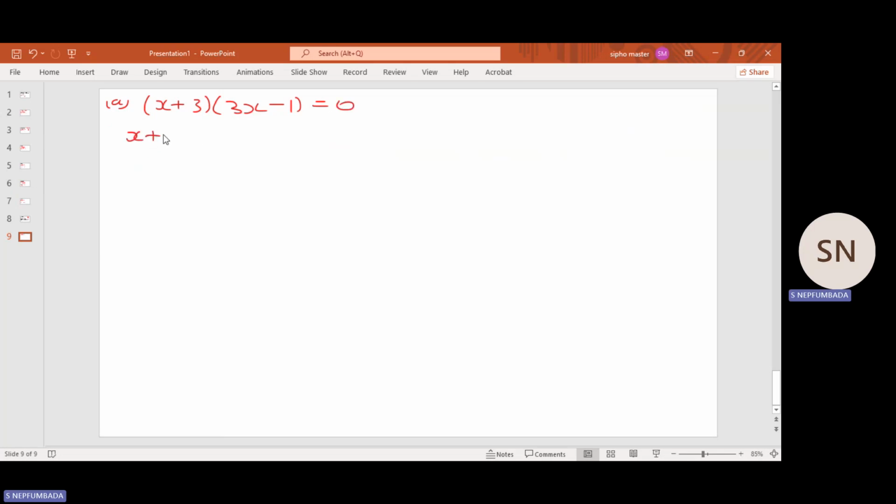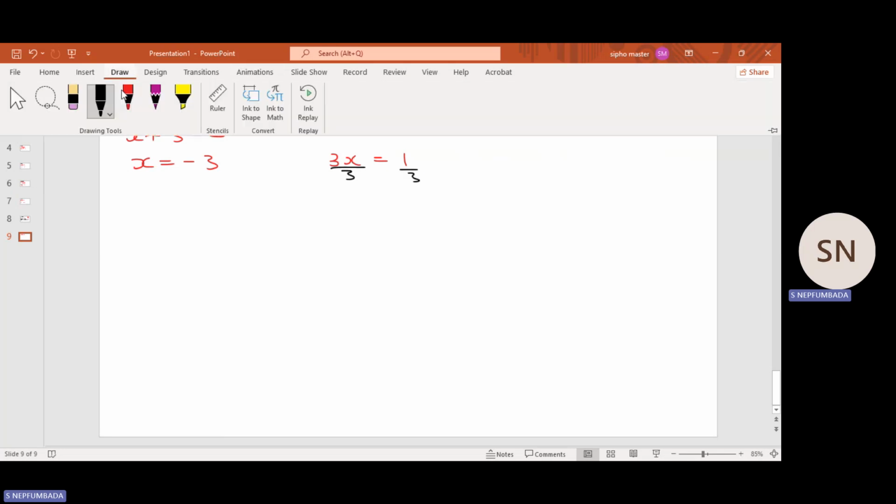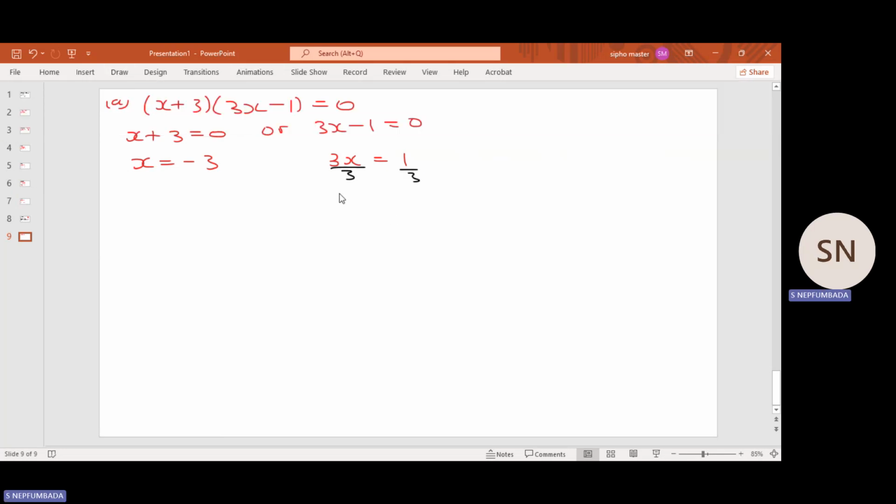So it means x plus 3 is equal to 0, or 3x minus 1 is equal to 0. Therefore, our x is equal to minus 3, or our 3x is equal to 1. Then this one we can continue on it. We can divide both sides by 3 so that we can be left with x only. Then our x is equal to 1 over 3.